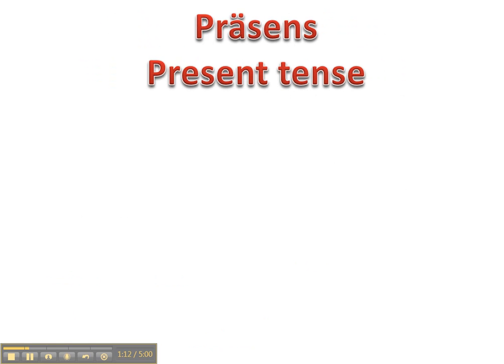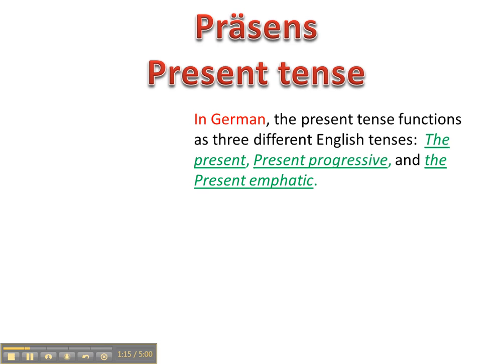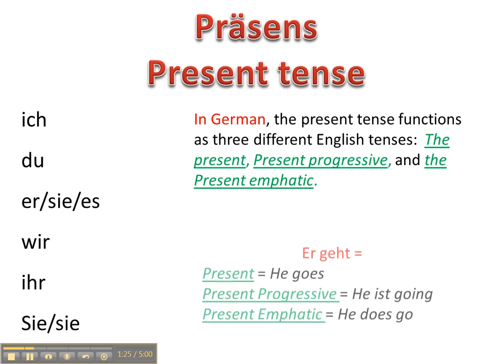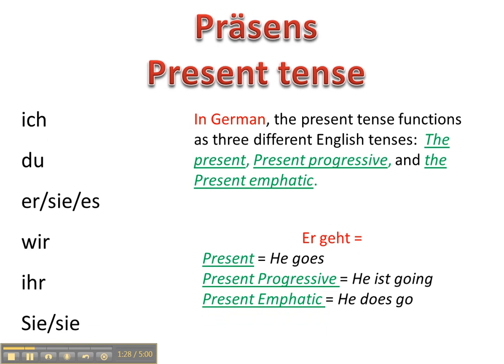Okay, let's look at the Präsens, or the present tense. In German, the present tense functions as three different English tenses: the present, what we call in English also the present progressive, and the present emphatic. For example, er geht can mean he goes, which is just simple present, or it can mean he is going.